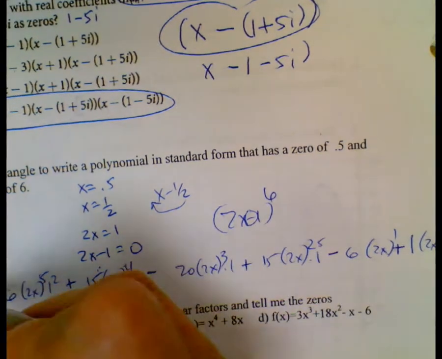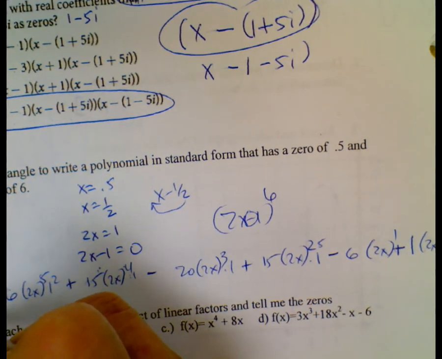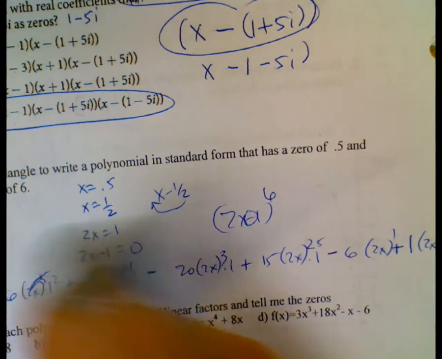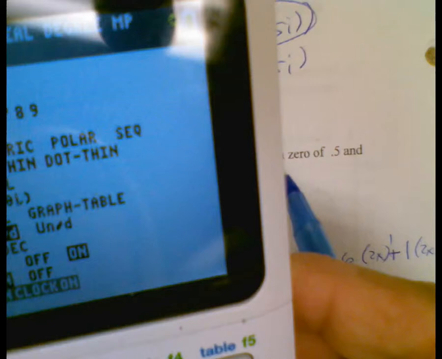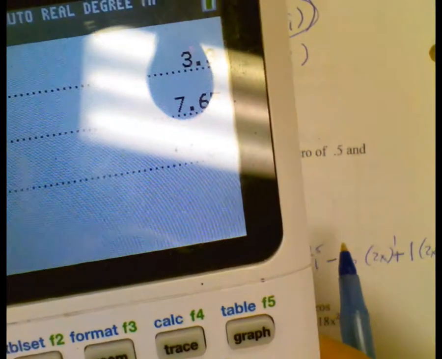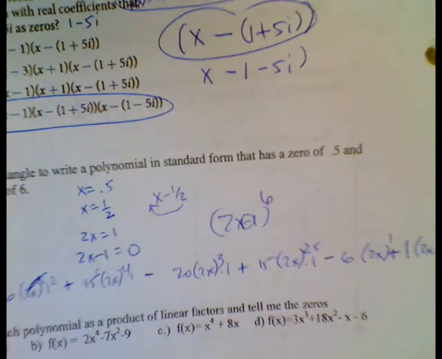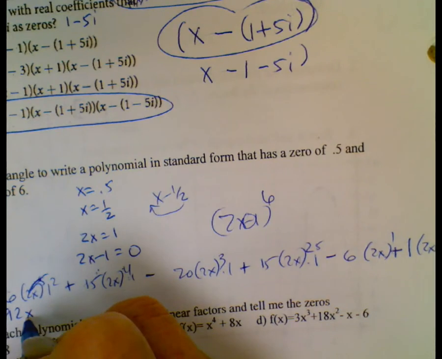All right, so 2x to the 6. 2 to the 6 is 64x to the 6. This is 32, 2 to the 5th, 32 times 6, which is 192x to the 5th.